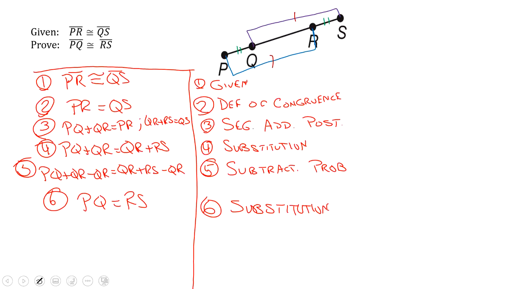And then we're left with, from what we have, because our sides have the same measure, we can then say segment PQ is congruent to segment RS, definition of congruence.